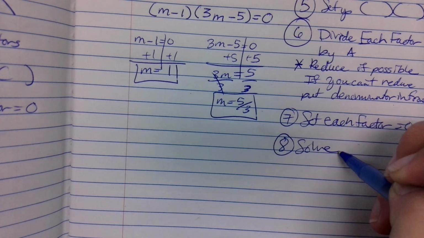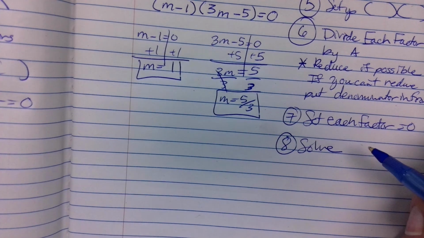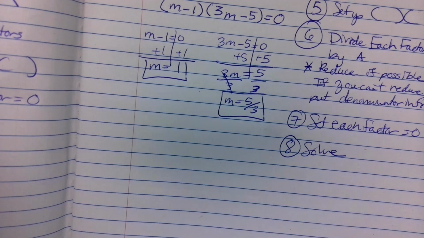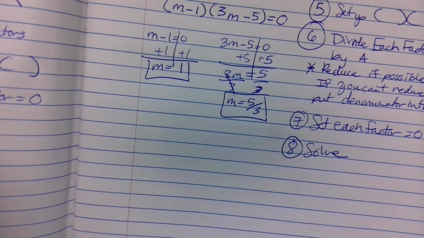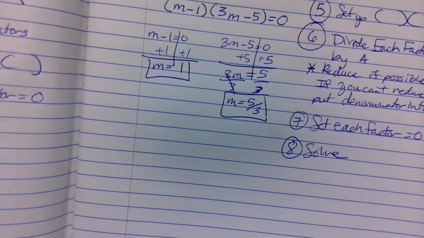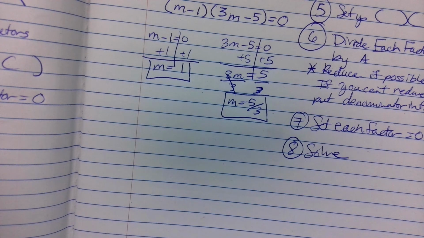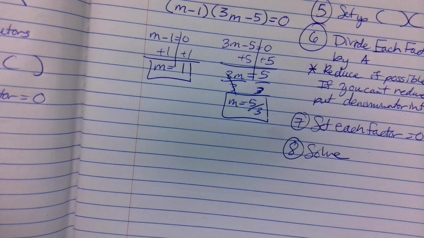Let's do another one. Let me see if I can get you one that is a little more interesting. Yeah, let's do that one. That's a big number. All right.